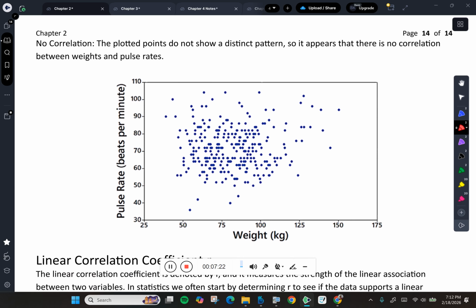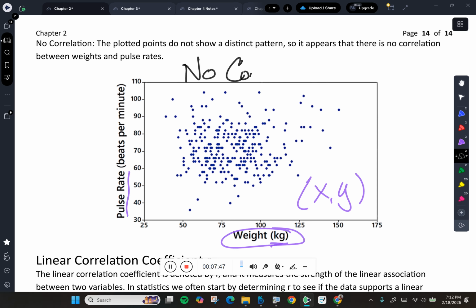Something like this, where we've got paired data, x, y data, where the x is the weight of an individual measured in kilograms, the y is their pulse rate in beats per minute. If you look at what's going on here, we've got garbage. And I don't mean the data's bad, I mean that there is no correlation here.